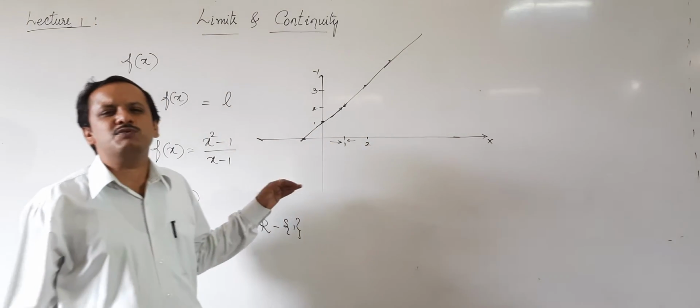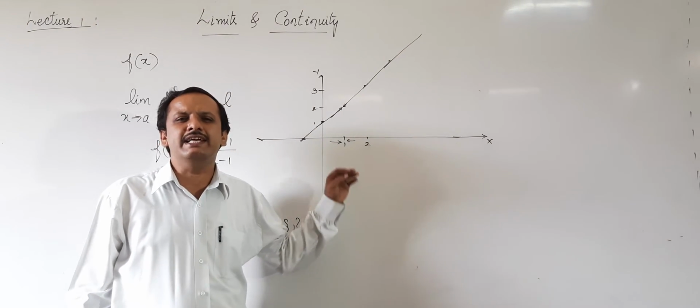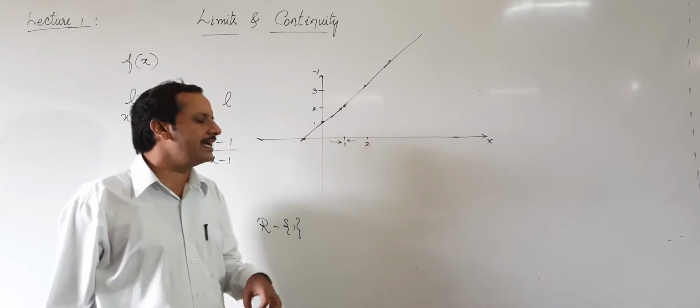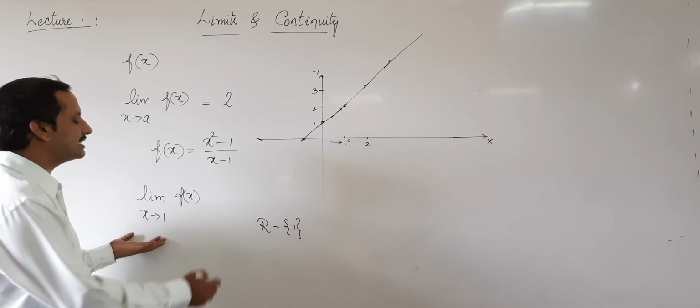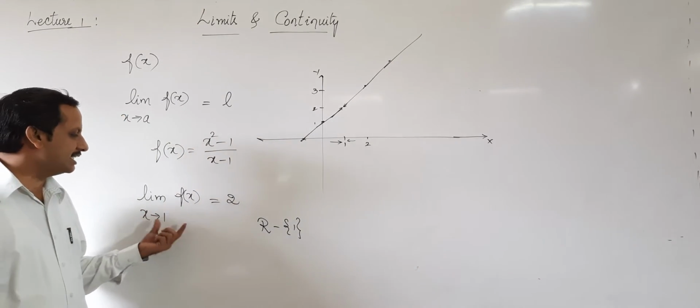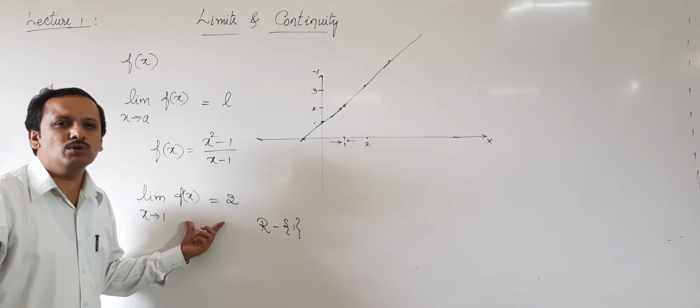So whether x approaches 1 from the left side or from the right side, f of x approaches the same quantity. Then we say that the limit of f of x as x approaches 1 is equal to 2.